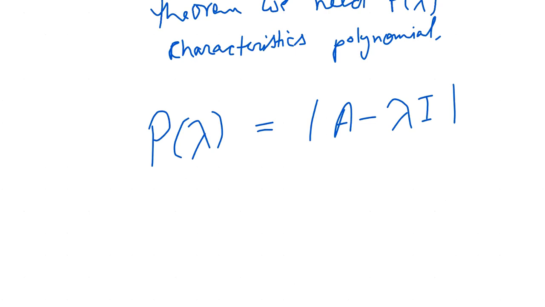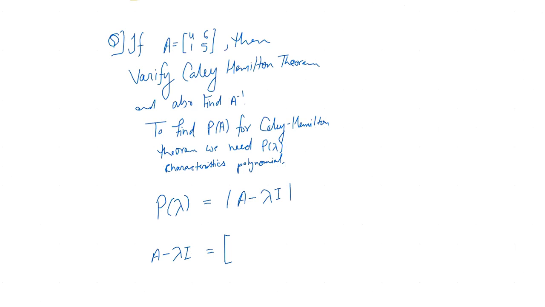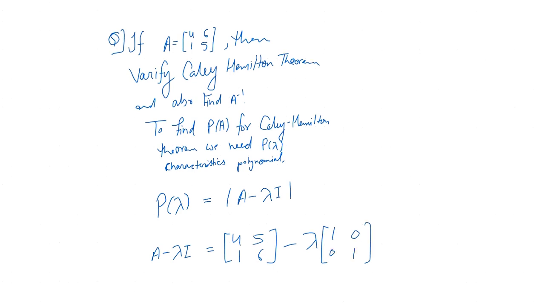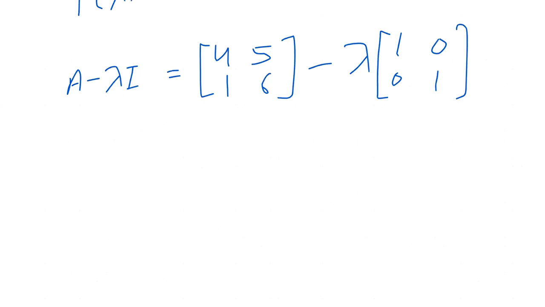So A minus lambda into I is equal to, let us take A. A has elements 4, 5, 1, 6, minus lambda into the identity matrix 1, 0, 0, 1. You will see this of 2 by 2 is too lengthy, and for 3 by 3, you know very well, it will be more lengthy.